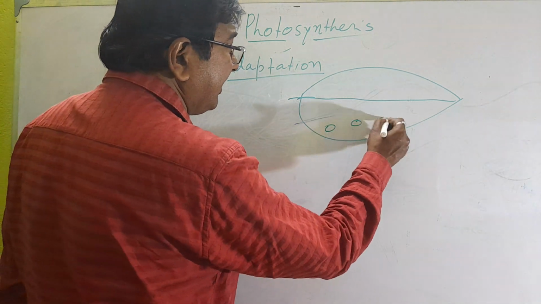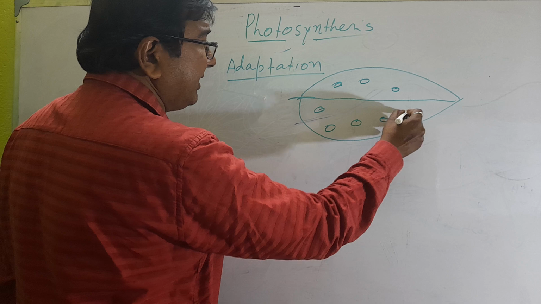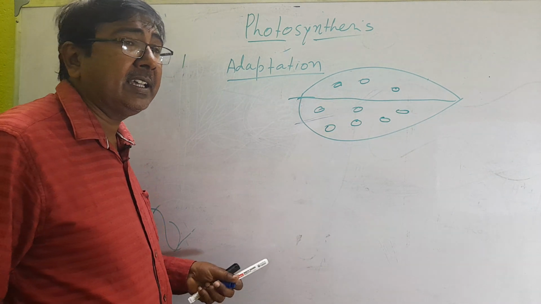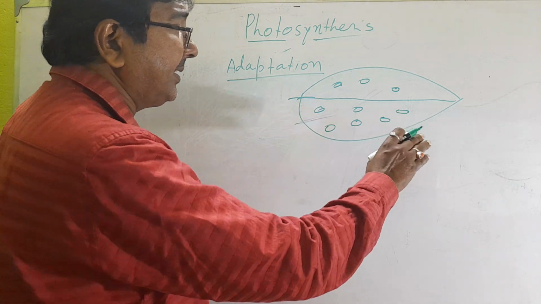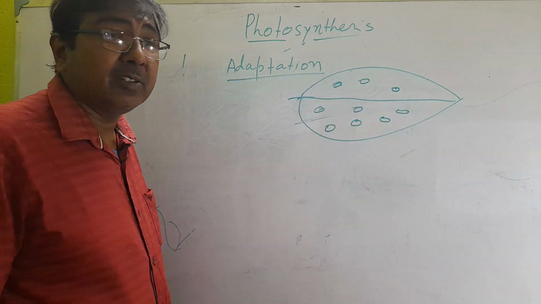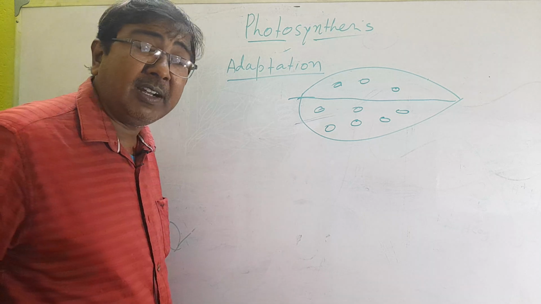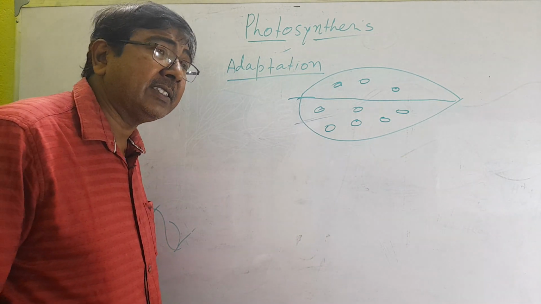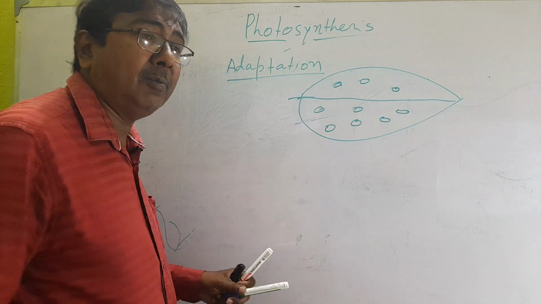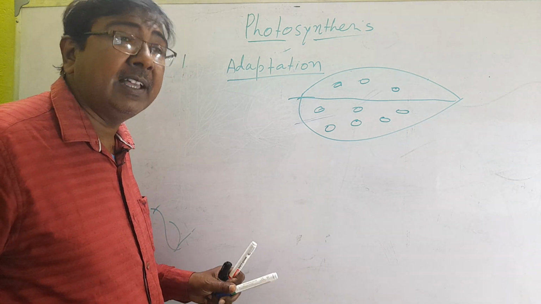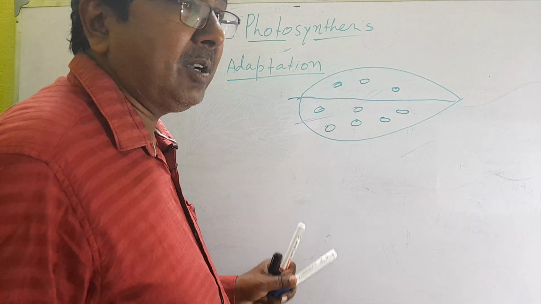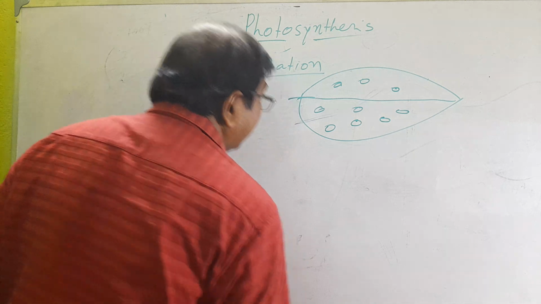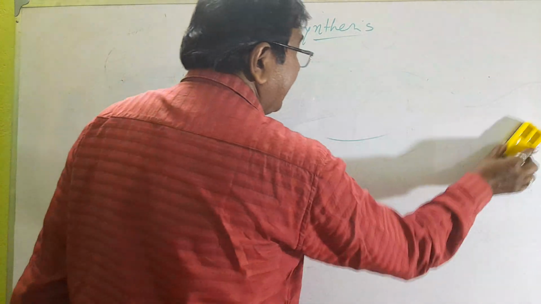Number of stomata: if the number of stomata increases, the rate of photosynthesis increases. And thinness of the leaf: if the leaf is thin, more gaseous exchange occurs, so the rate of photosynthesis also increases. These are the adaptations of photosynthesis.